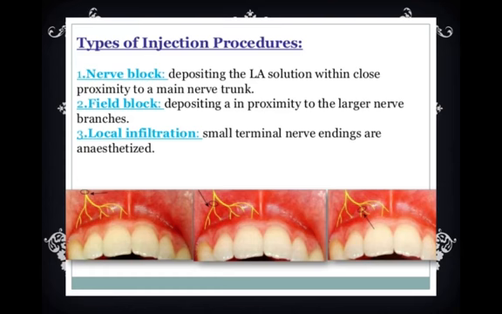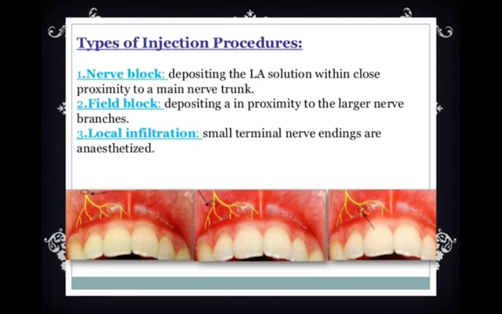Here's a picture that describes the different blocks that you can have when you do a peripheral nerve block. They are a nerve block, a field block, and local infiltration. A nerve block involves the introduction of local anesthetic to the main nerve trunk, and it is located proximal to the incision site and has a rapid onset of action.